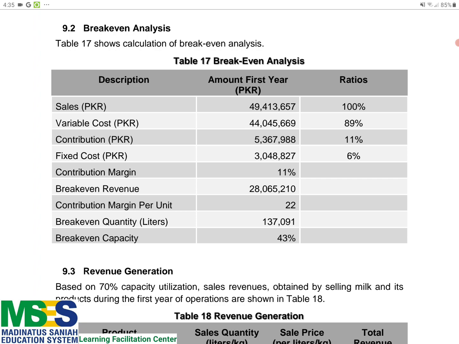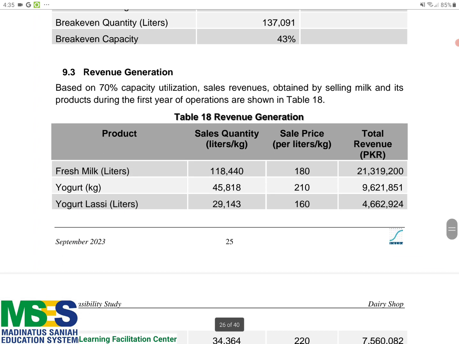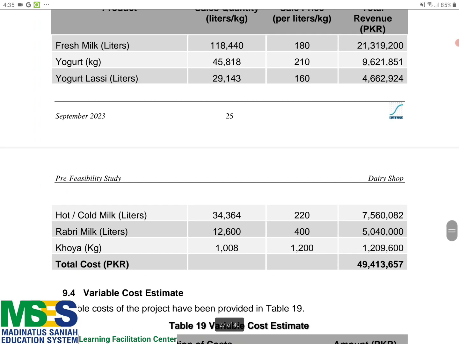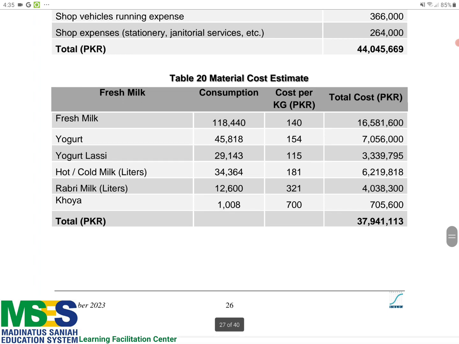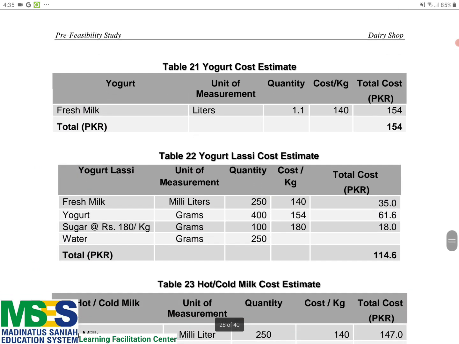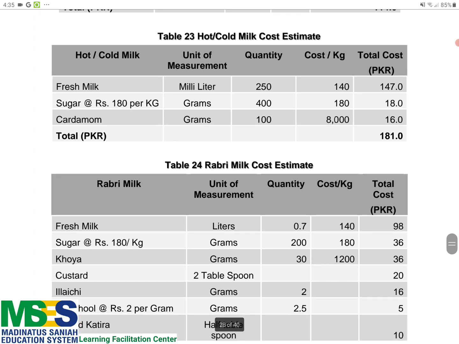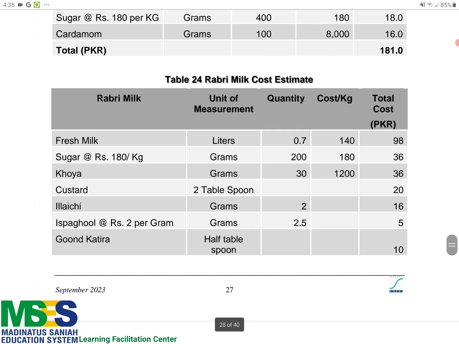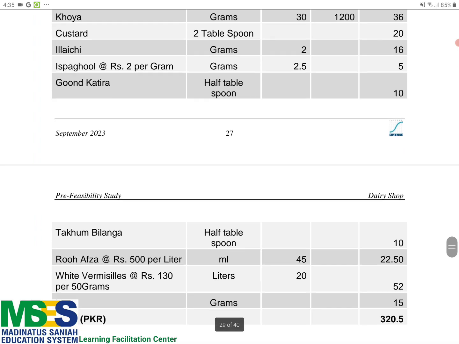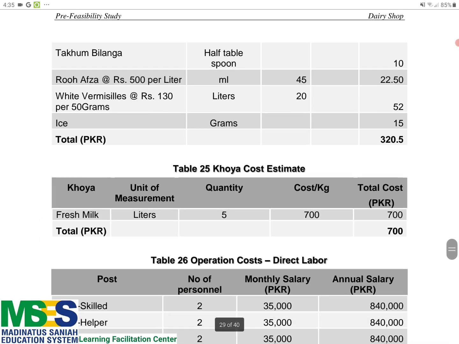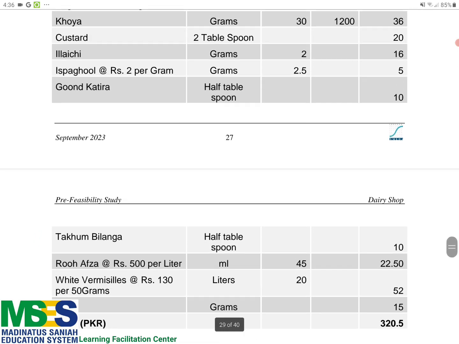Let's move on. These are all the estimates, the explanation of the cost. They have even given you how to make rabdi milk.